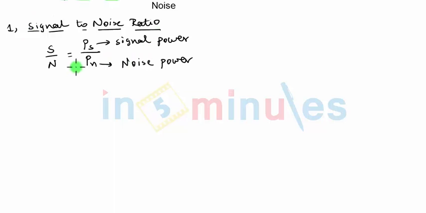Now it is very obvious that ideally noise power should be equal to 0 and ideally signal power should be infinity, and hence we can say that ideally signal to noise ratio should be infinity. But in any practical application, noise power can never be 0. Any device or component at room temperature will generate noise power.